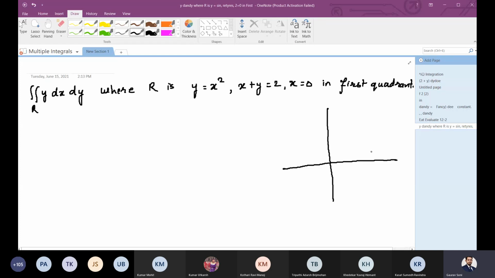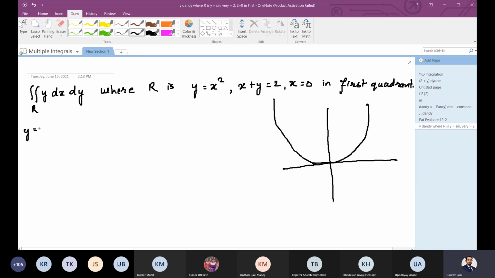So first equation y equal to x square. First of all, draw the graph. That is the key to each and every example. So y equal to x square, what is it? Upward parabola, sir. Parabola which is opening towards positive y. The other equation x plus y equal to 2.